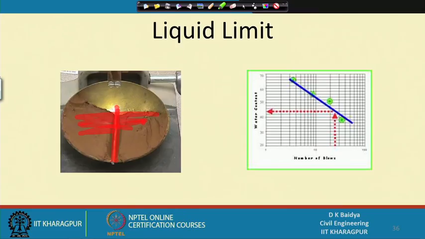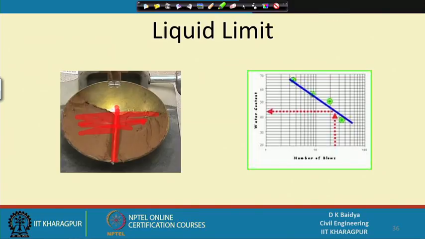We have to note when these two sides close by around 12-13 millimeter distance. That number is to be noted, that means how many blows are required to close the 13 millimeter distance. That is one data, the number of blows.